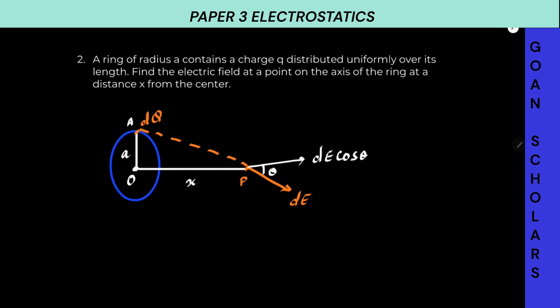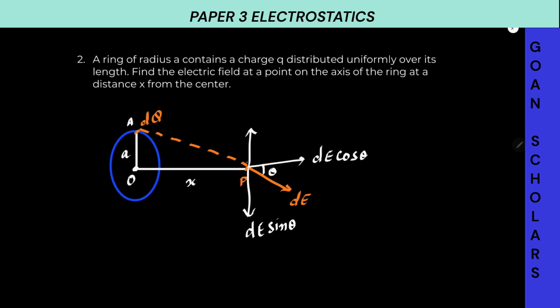Sir, why are you considering dE cos theta and not dE sin theta? Be very careful. Very important concept it is. dE cos theta lies in this direction, then dE sin theta will lie in this direction as usual. Correct? But as we have seen in the previous problems also, if dE sin theta goes down, and if we imagine a small piece of charge over here, and we try to figure out our field in this direction, then because of that, the component of electric field along sin theta will be upward.